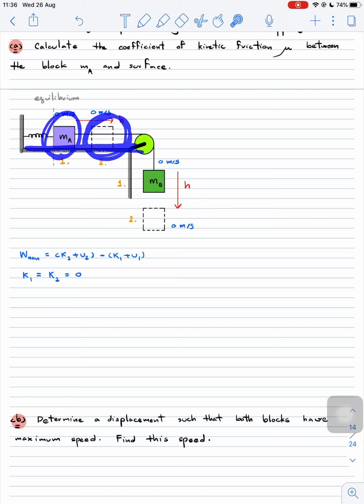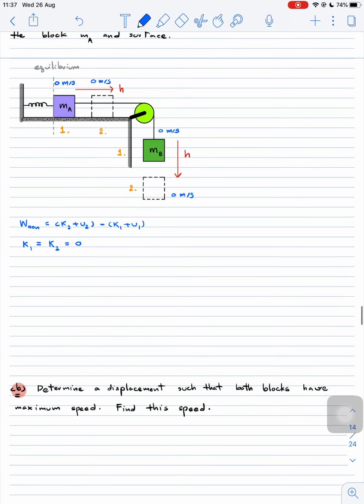So the gravitational potential energy of the block MA doesn't change. But what's going to change is the elastic potential energy, because MA is connected to the spring. So if the block MA moves to the right-hand side, the spring will extend. So the block will have the potential energy of the spring.